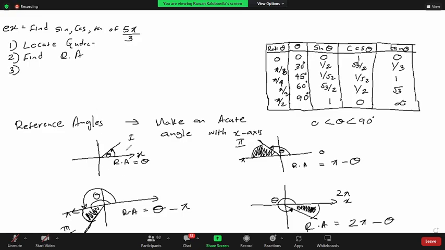Because without understanding the location, we cannot write the reference angle. So third step, find the trigonometric function of the reference angle. I will come to this. So let's go through these steps for this example.